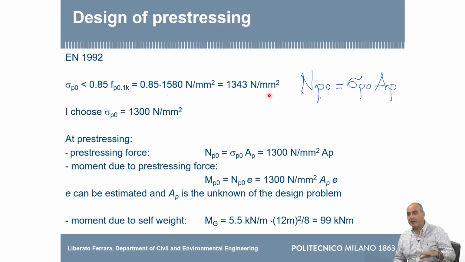Well, whenever you have to prescribe something, this is done by a skilled workman in the yard, generally with a jack, okay? Do not prescribe complicated numbers, because controlling 1343, you may have jacks with digital gauges, but somewhere I have also seen jacks with analogical gauges. And controlling 1343 with an analogical gauge, it's utopia. So prescribe 1300. It's like the dimensions, as you have seen, there are integer numbers.